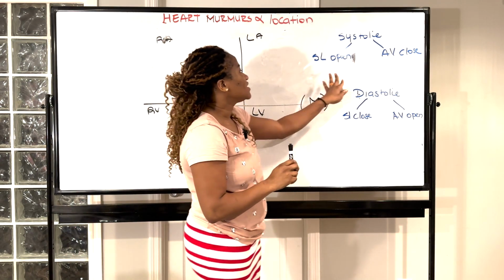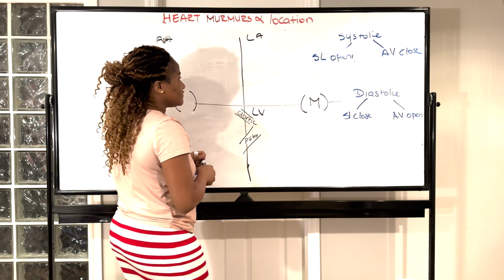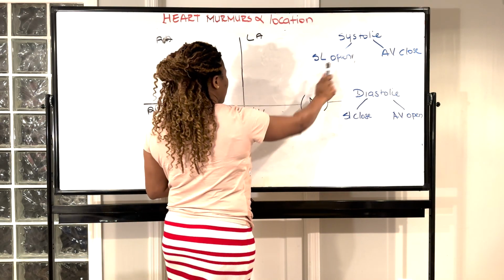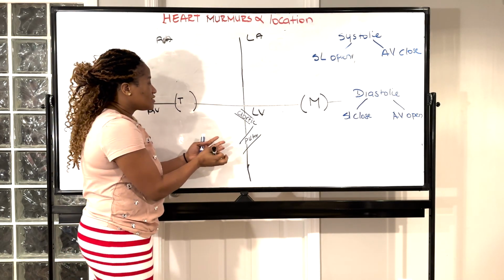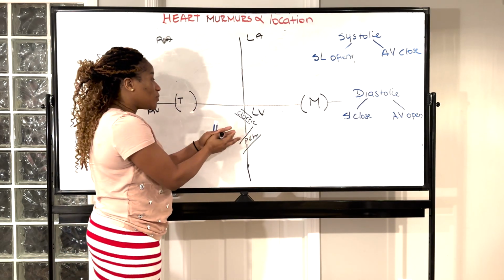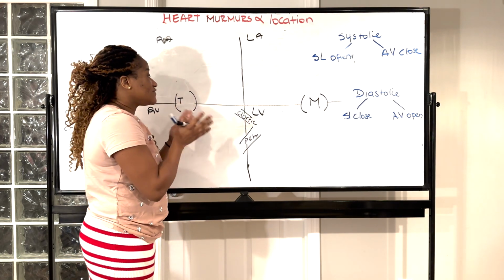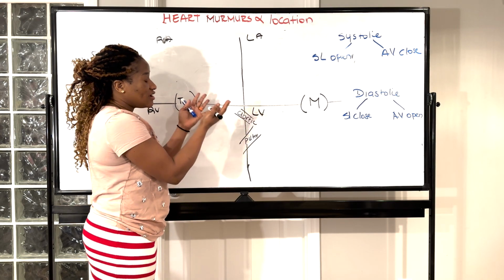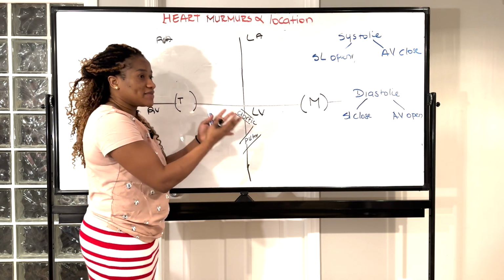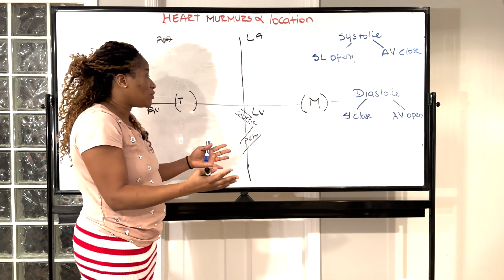Now, what happens if there is a problem during systolic? What happens if these SL valves don't open during systolic? That means there is an obstruction. If they don't open, that means there is a stenosis of the valve, and you will hear a murmur at the time they were supposed to be open.